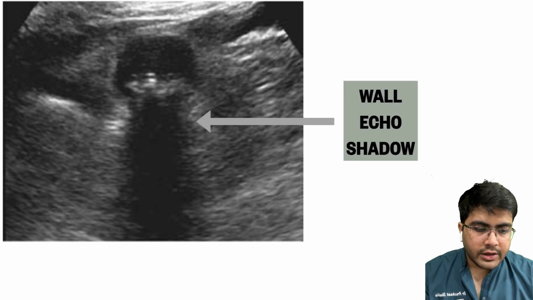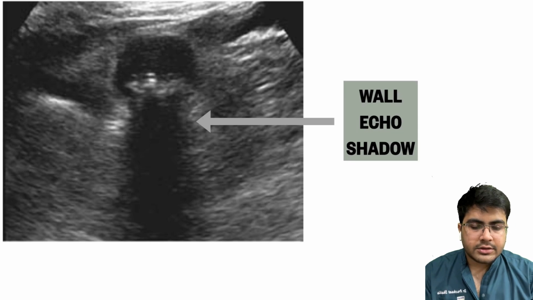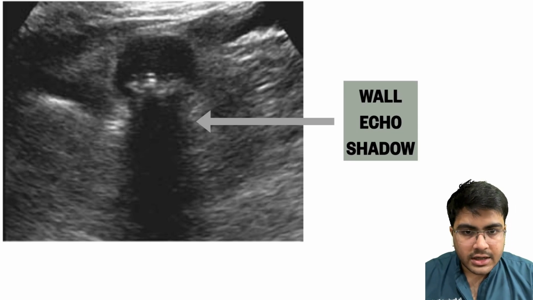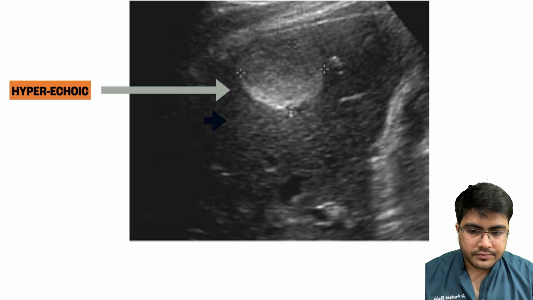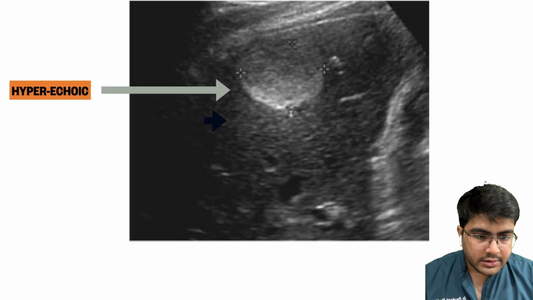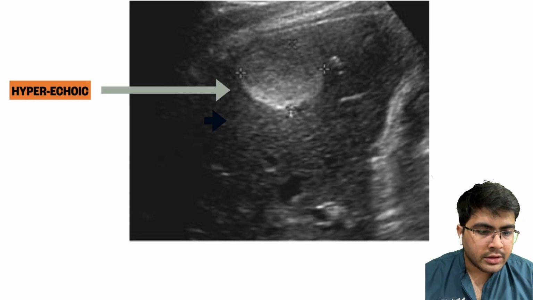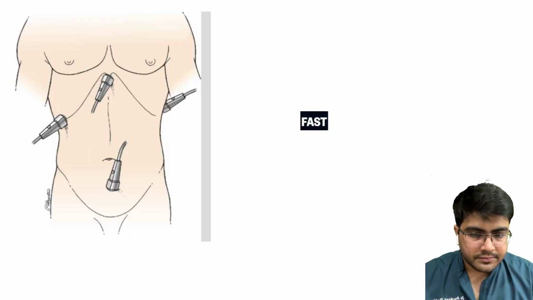We call it the WES complex, that is wall echo shadow complex, which is classical of cholelithiasis. Here you can see it is appearing bright. So this is a hyperechoic structure compared to the surrounding structure.